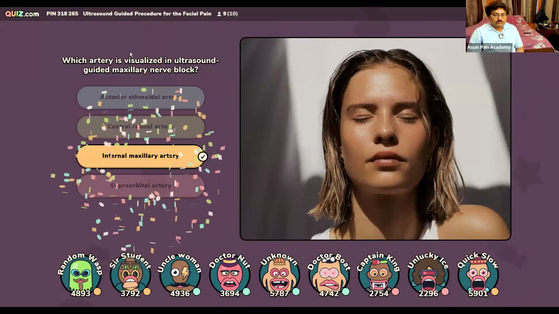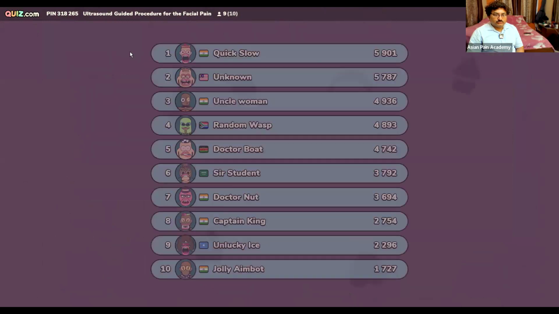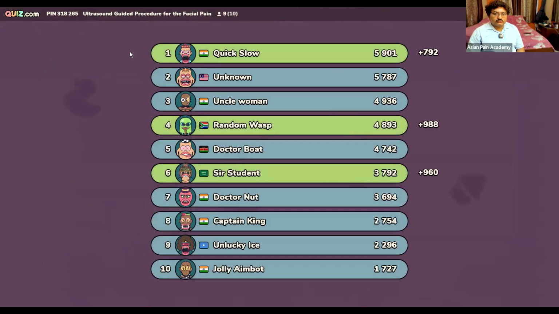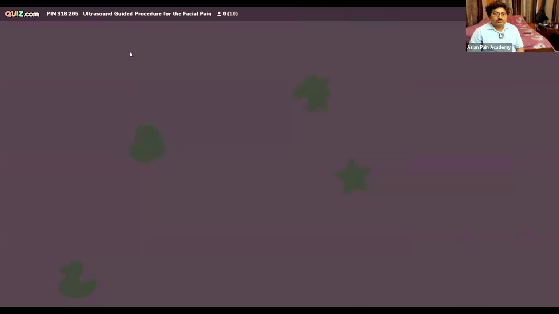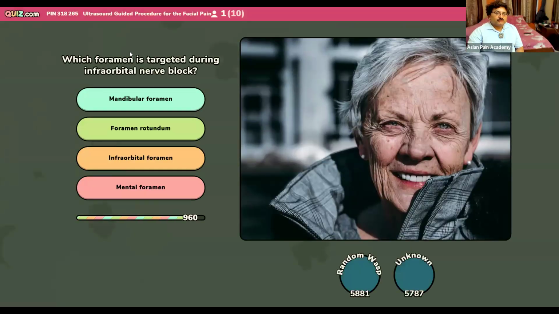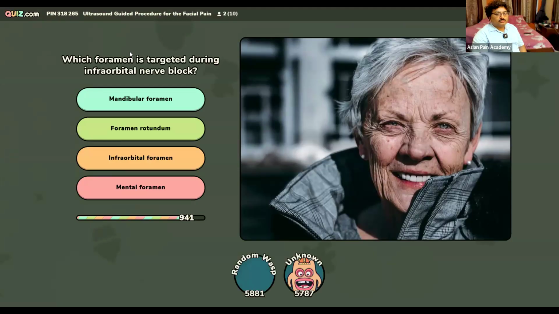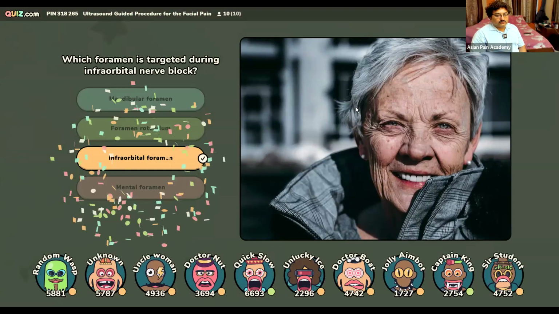Internal maxillary artery. Which foramen is targeted during infraorbital nerve block? Another very simple question. Infraorbital foramen.